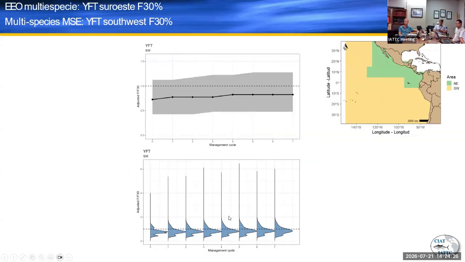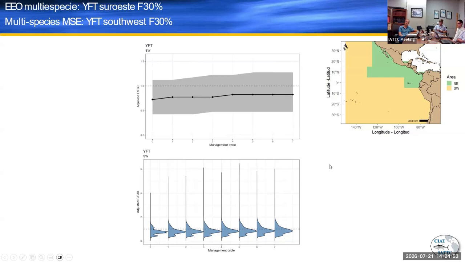This here is for the target. You can see that the mean fishing mortality is lower than the F30 target. And this is plus or minus 80%. So there's a 10% probability that it would be above the gray line here. But still, this is the target. So we're basically below the target fishing mortality.